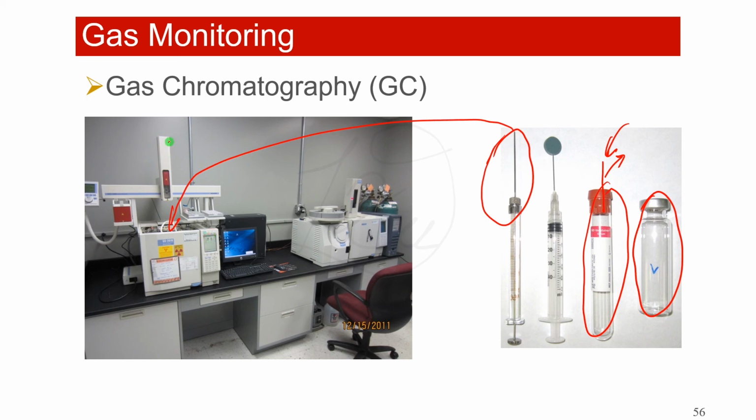By using these automated arms and the rotating sample holder here, and this sample tray, you can program the gas chromatography to take samples from these sample trays and keep injecting for analyzing.